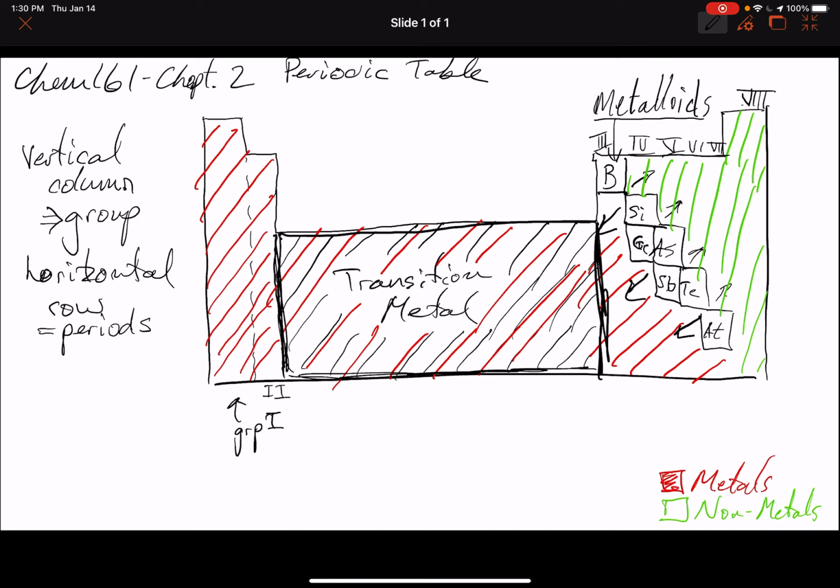So the last column in the periodic table is group 8, Roman numeral 8. This column is also known as the noble gases. So in here, the noble gases are found.